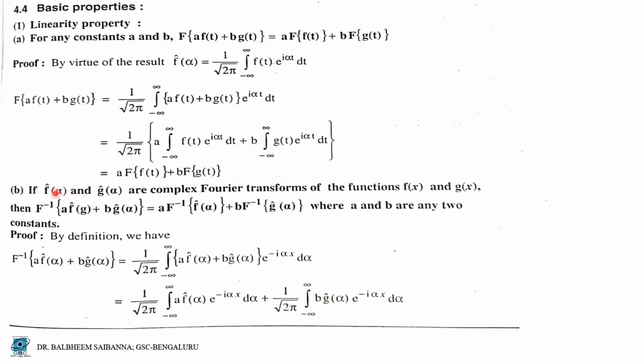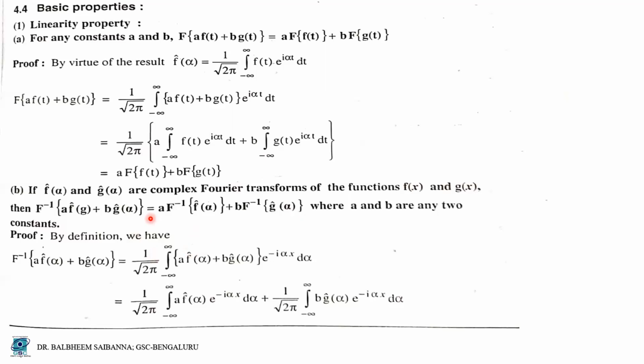What is the statement of B? If f cap alpha and g cap alpha are the complex Fourier transforms of the functions f of x and g of x, then F inverse of a f cap alpha plus b g cap alpha, we have to prove, is a F inverse of f cap alpha plus b F inverse of g cap alpha, where a and b are any two constants.